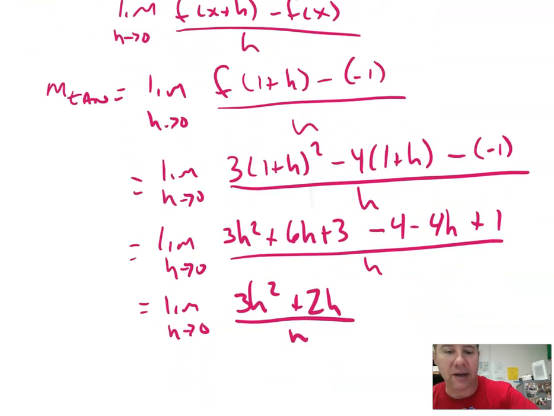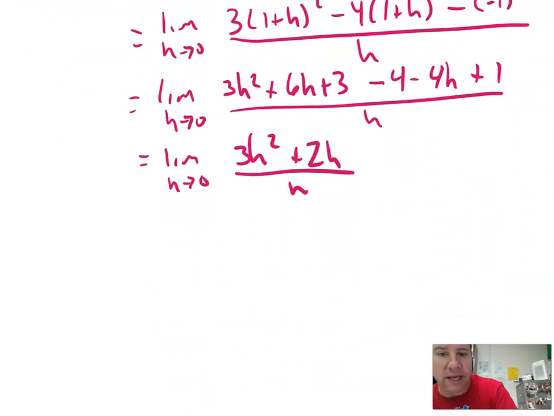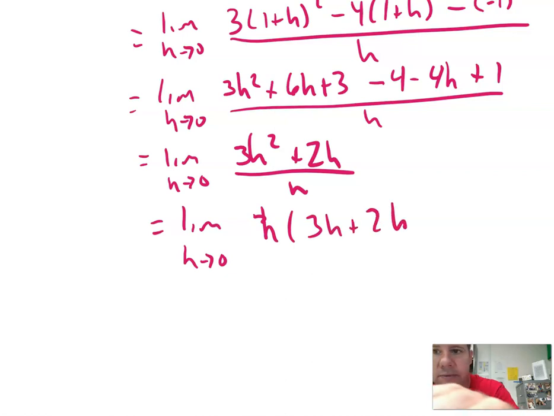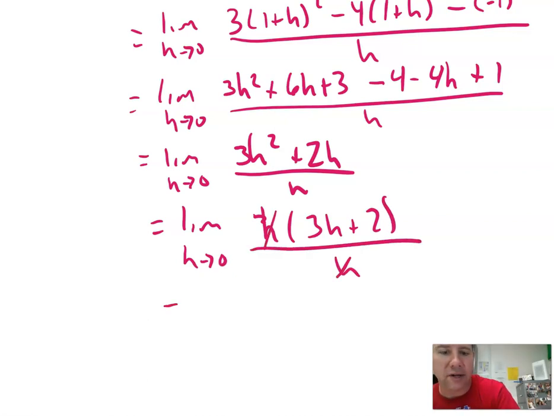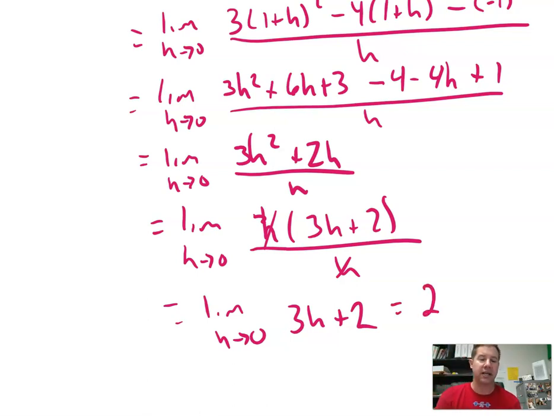If I factor out an h, running out of room here, I get the limit as h approaches 0 of h times 3h plus 2, all over h. And now those can cancel off. And so really the limit as h approaches 0 of 3h plus 2 gives me the slope of my tangent line, which is 2.